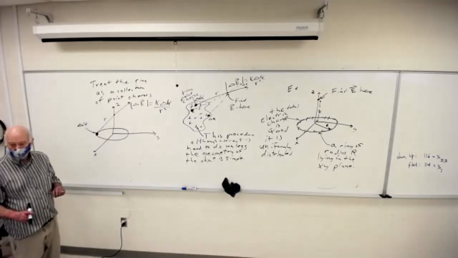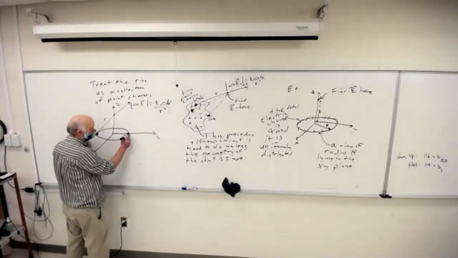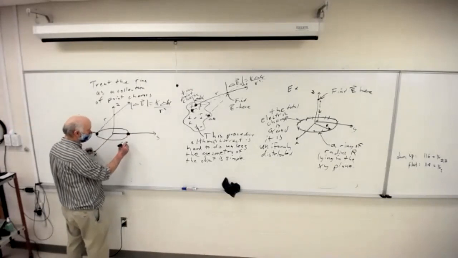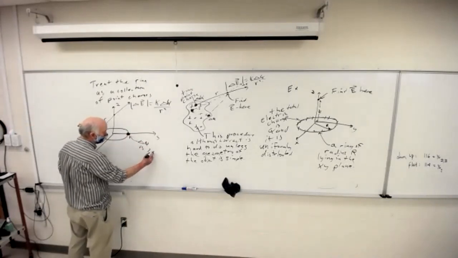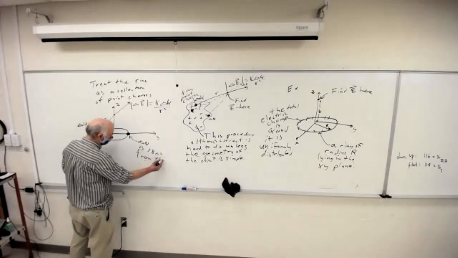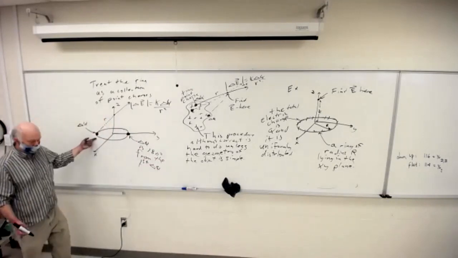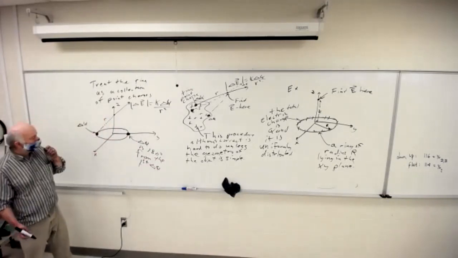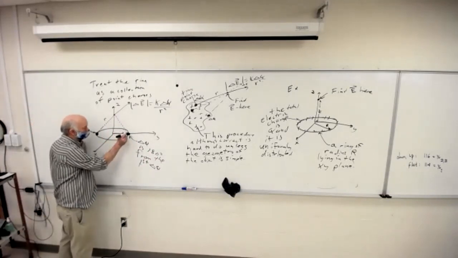Okay? But something happens. Let's look at this one over here. Let's look at this delta Q. This delta Q is 180 degrees from the first delta Q. Meaning from this guy, it's 180 degrees away. How does the electric field look at this spot due to our little friend here?